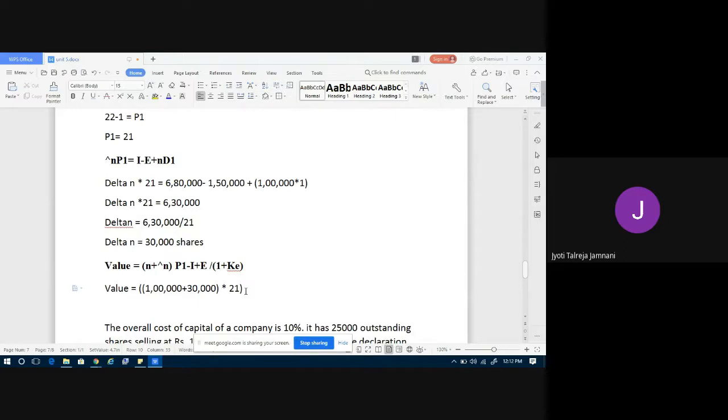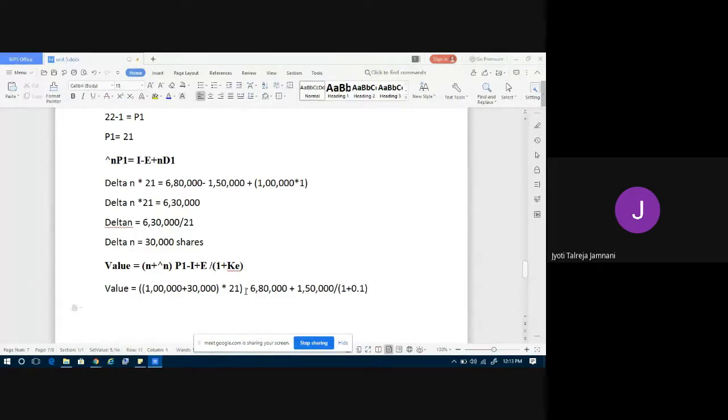So after this is solved, minus I is 6,80,000, the investment the company wants to make, plus E is 1,50,000. This whole equation should be divided by 1 plus KE. So 1 plus 0.1. Now when we solve it, we'll get the answers. Value is equal to 1,30,000 into 21.